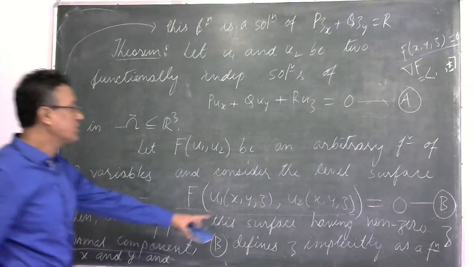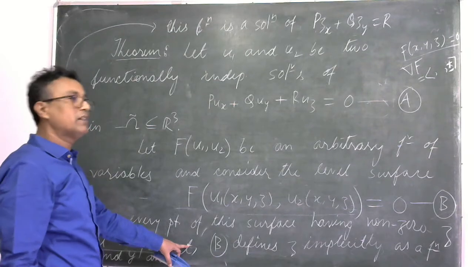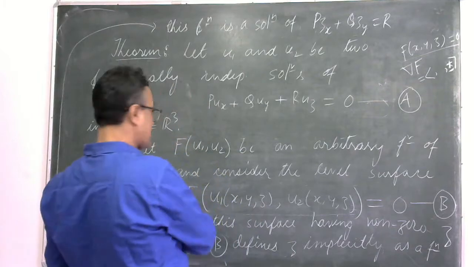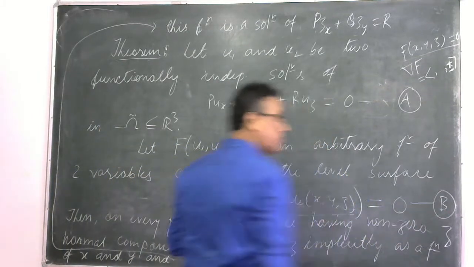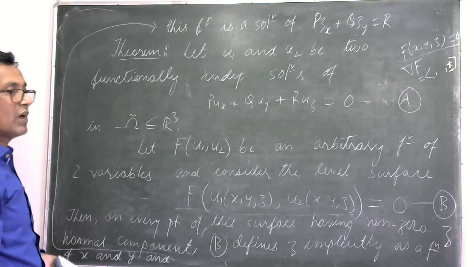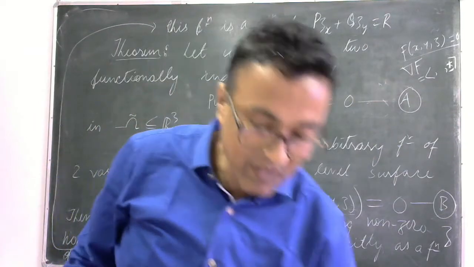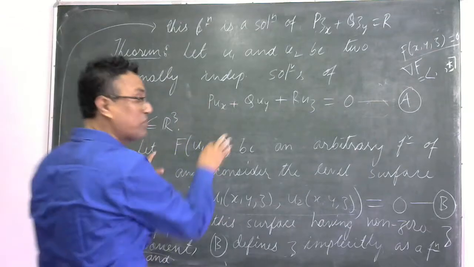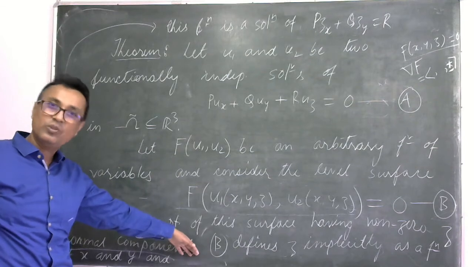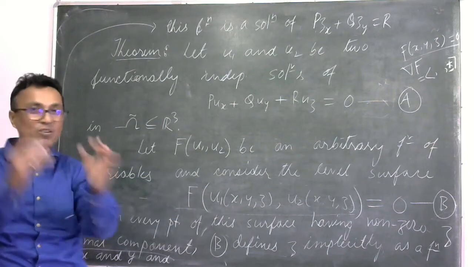Then on every point of this surface having non-zero normal component, B is going to define implicitly, so this relation is implicitly going to express z as a function of x and y, which in turn is going to be a solution of this. In fact, I'm leaving it as an exercise for you because this has already been done before. Please go through whatever I have taught earlier and you will find your answer here. You just have to reframe it.